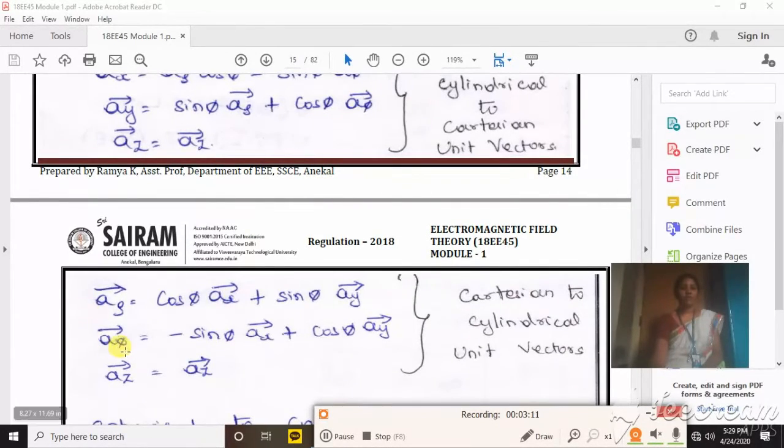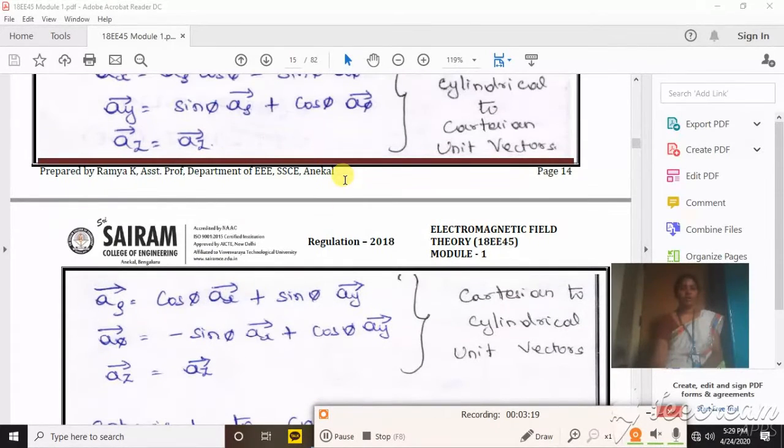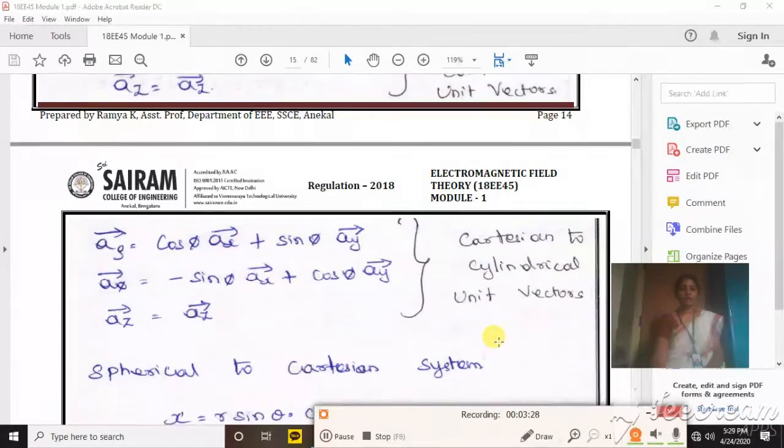Next, a phi is equal to minus sin phi into ax plus cos phi into ay. Az is equal to az. So this is how you convert the Cartesian system to cylindrical unit vectors.